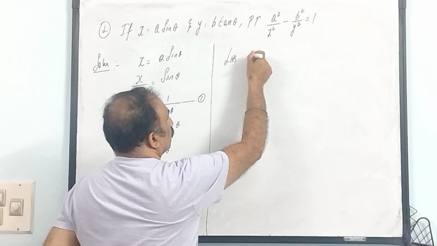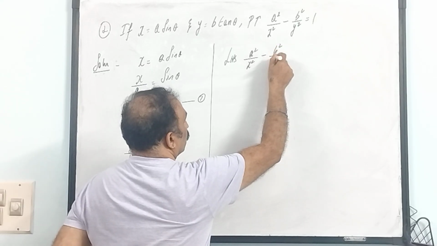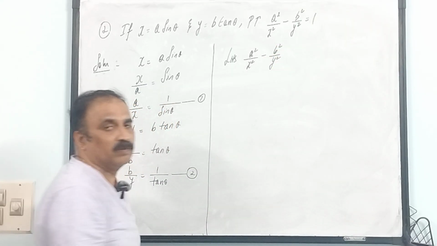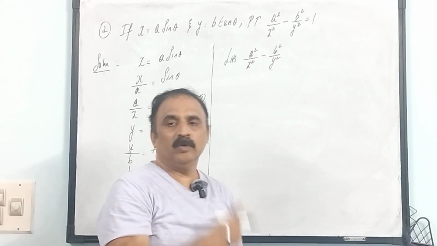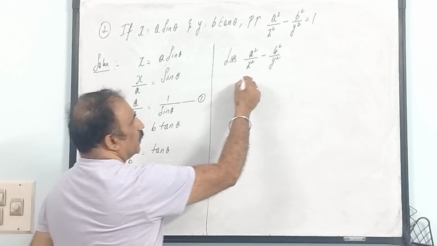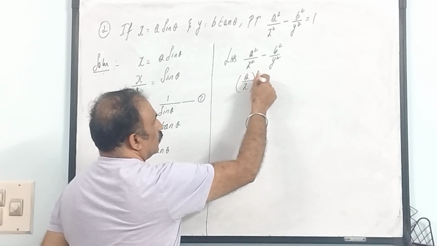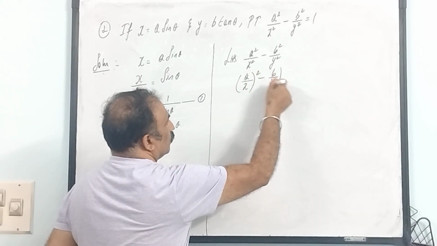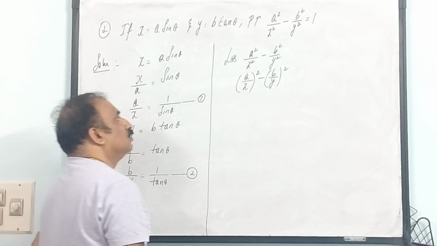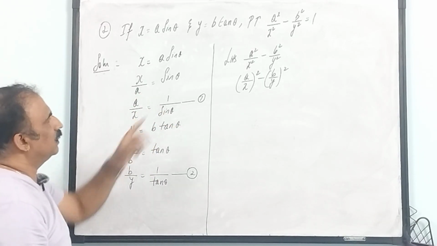LHS says a square by x square minus b square by y square. I have to prove it as equal to 1. Now since numerator and denominator have both got the squares, I'll whole square it. So I write it as a by x whole square minus b by y whole square. So from 1 and 2, I've got a by x value as equal to 1 by sine theta.